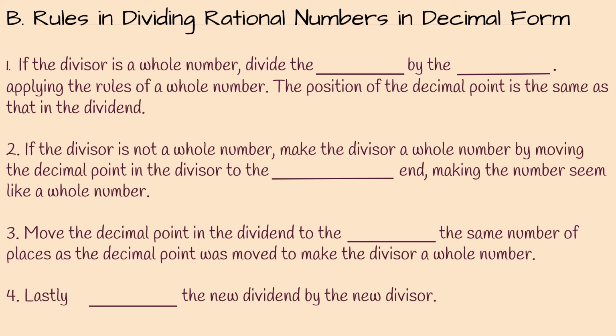If the divisor is not a whole number, make the divisor a whole number by moving the decimal point in the divisor to the blank end, making the number seem like a whole number. Number 3. Move the decimal point in the dividend to the blank the same number of places as the decimal point was moved to make the divisor a whole number. And lastly, blank the new dividend by the new divisor.